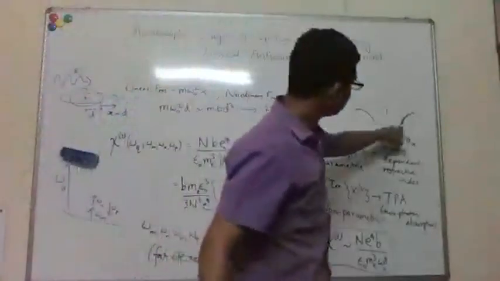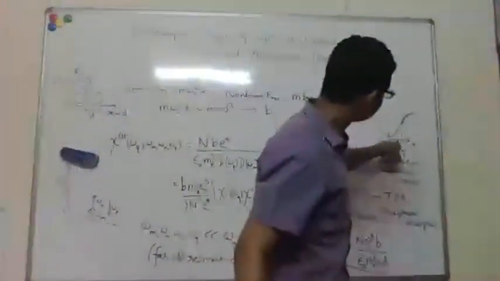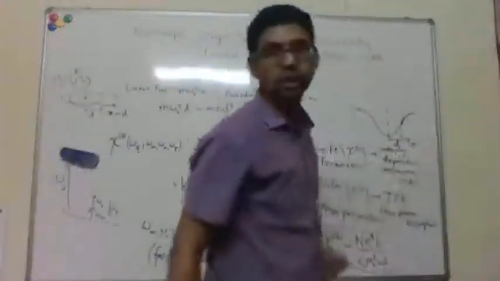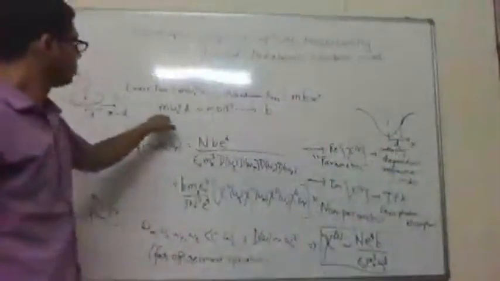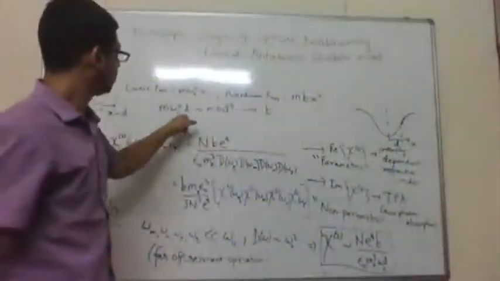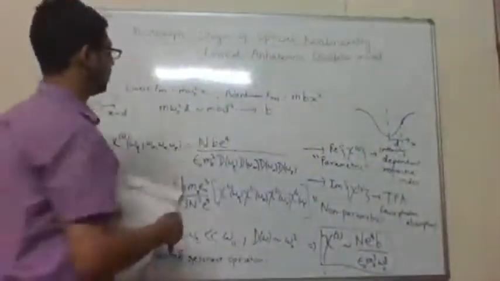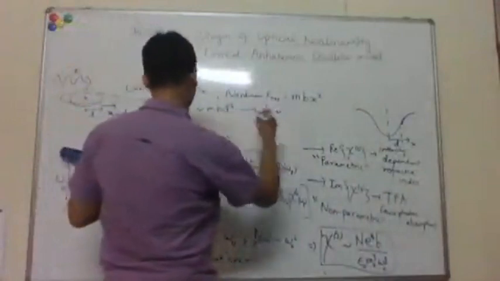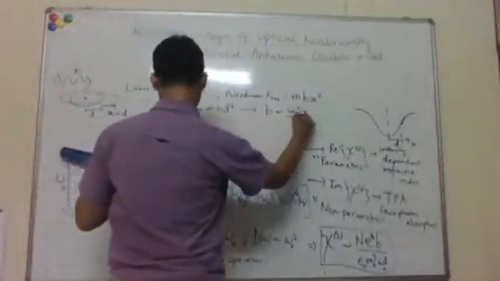Yeah, so basically I'm saying this potential starts becoming nonlinear once the displacement becomes more than the atomic dimension, right? So the linear force and the nonlinear force are comparable when x is d. From that we can estimate b as basically omega naught square by d square.